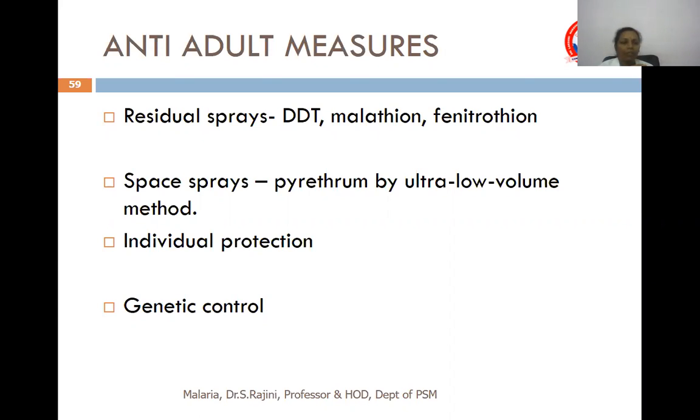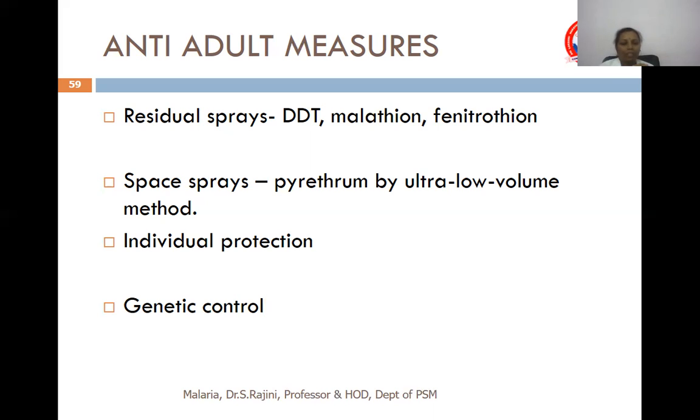When you spray from outside, they come indoors and rest indoors. So you go for residual sprays, where DDT, malathion, and fenitrothion are used. Space spray is pyrethrum by the ultra low volume method. You would have seen the fogging method, where they go through every street and fog to kill all the adult mosquitoes present outside.